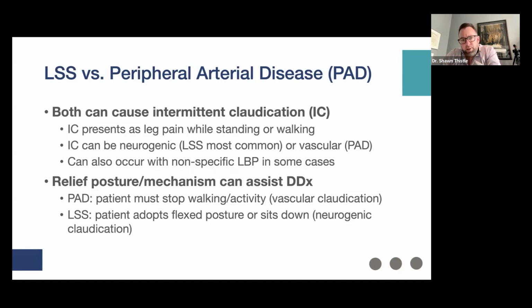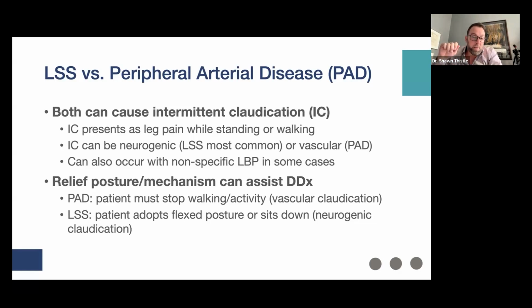So the relief posture and the mechanism of symptom modification can actually assist in your differential diagnosis here. As I said earlier, those with peripheral arterial disease as the reason for their leg symptoms have to stop the activity. Full stop. If you get a lumbar spinal stenosis patient and you get them to lean on a shopping cart, or there's a study I took out of this, I have a longer slide deck on this, and they took patients and put them on a treadmill and did it in two positions, either standing upright or leaning forward on the bar.